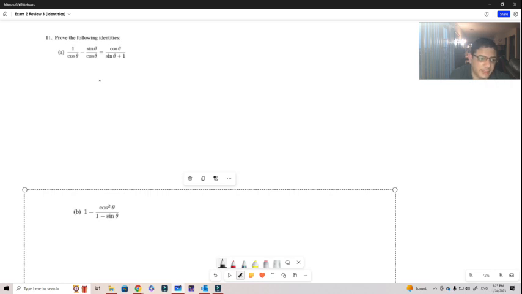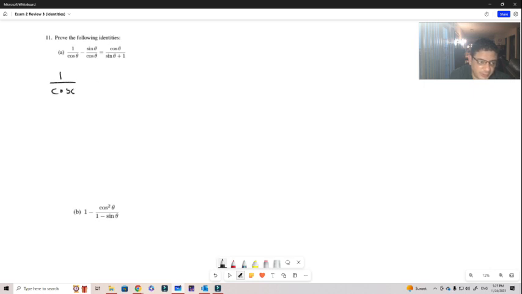So we're going to start from this side and try to reach this one. So we always start from one side. Don't put equals to the other side, because then you will only get equalities of things that might or might not be true.